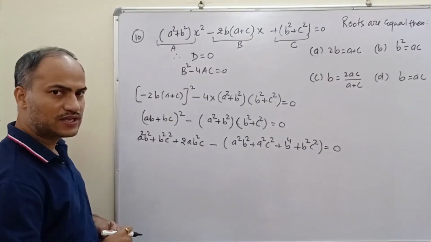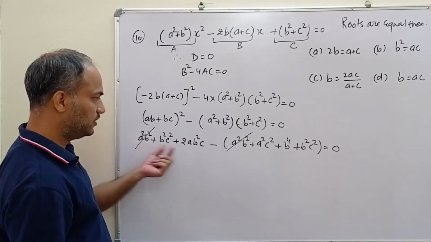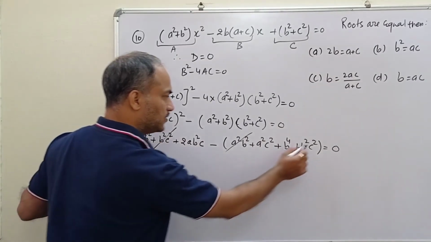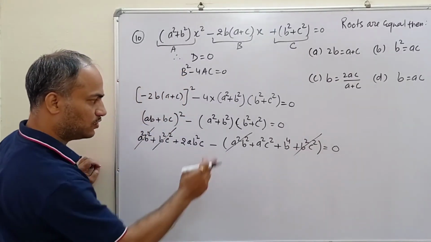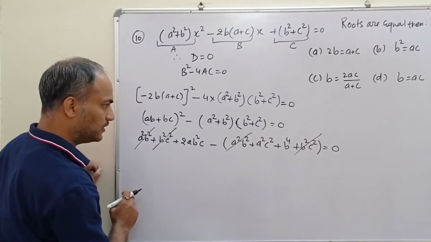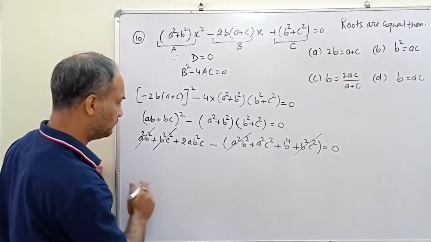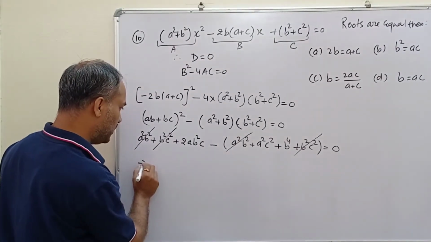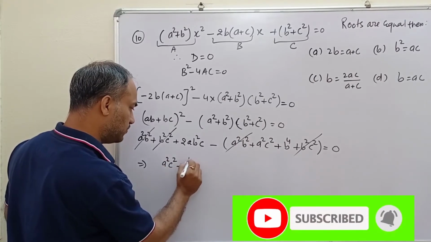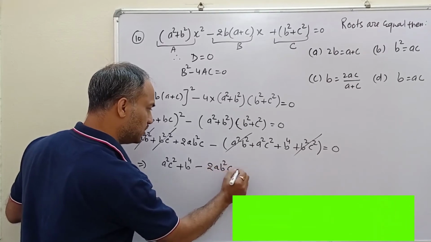So do we get any term cancelled? Yes, a square b square is positive here, here it is negative, so we can cancel it. B square c square, this is also cancelled. Now what is left? 1, 2 and 3. Now let us take minus common, or throughout multiply by minus 1. Okay, then we get a square c square plus b to the power 4 minus 2a b square c is equal to 0.